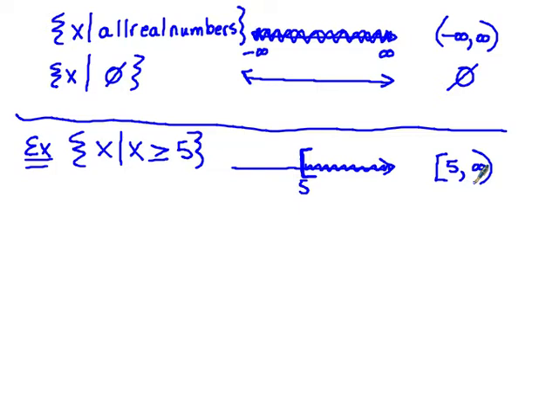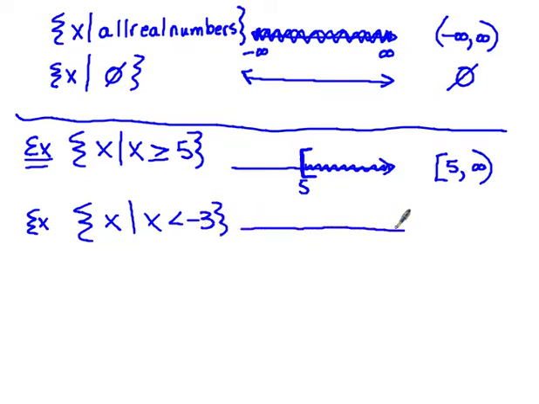All right, let's do another one. What if I've got x such that x is less than negative 3? Okay, put negative 3 in the middle. Less than is to the left.